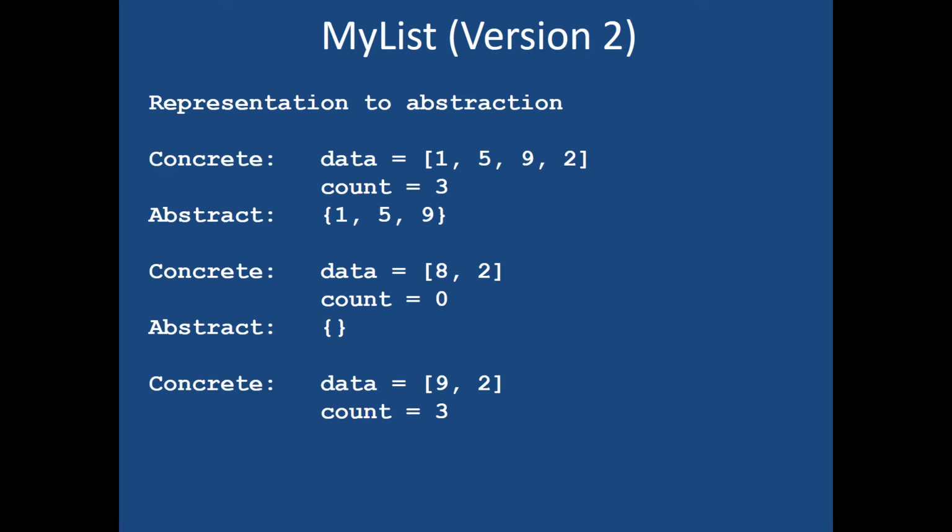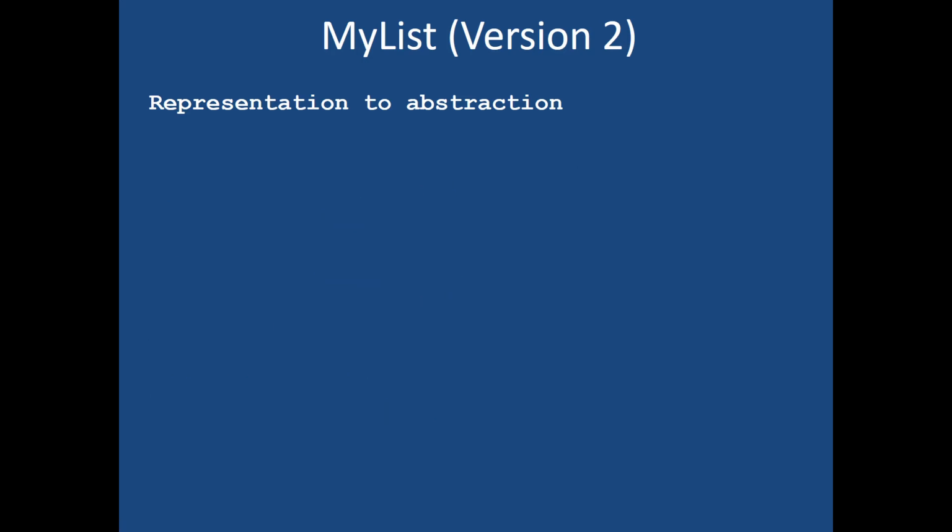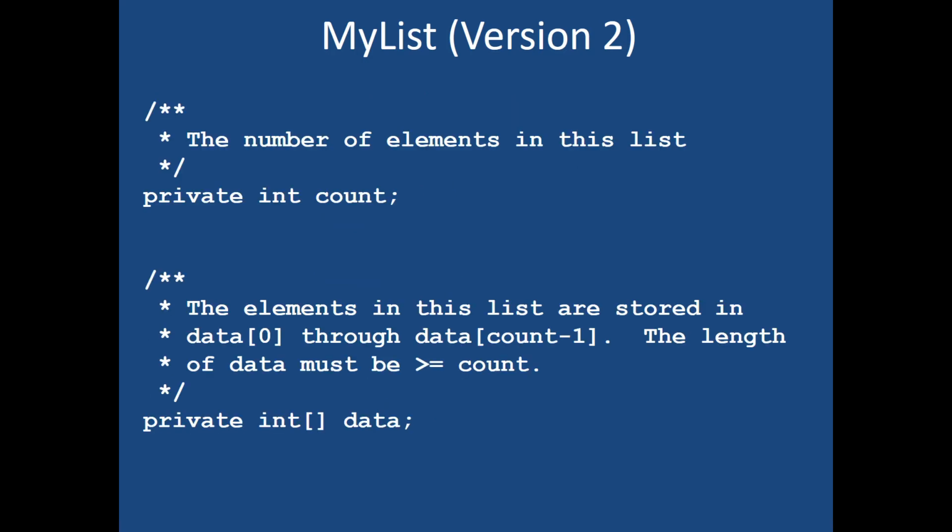The situation should not arise in a correctly written program, because the length of data must be greater than or equal to count. You're bound by that when you write code.